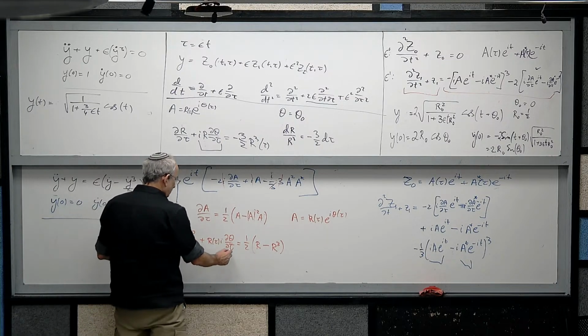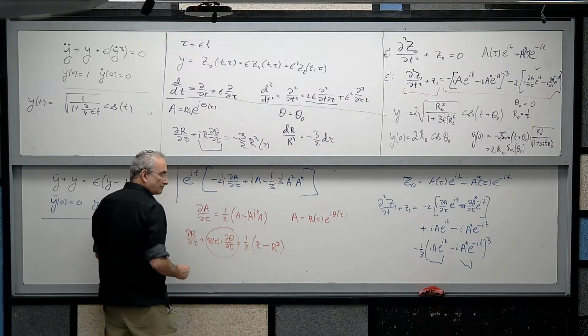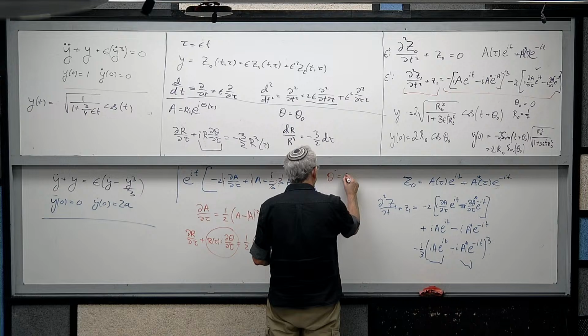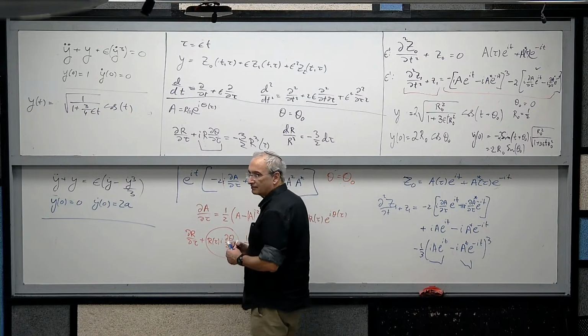Again, this term must vanish, so theta is theta naught. Theta is tau independent.